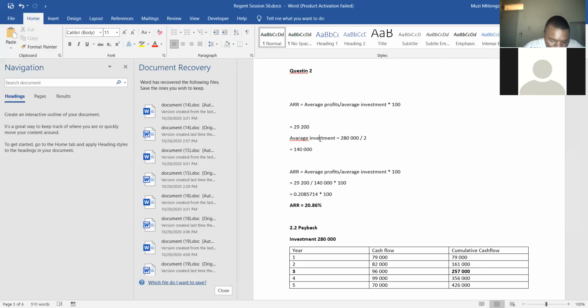There is that formula: AIR is equal to average annual profit over average investment times 100. Average investment is initial capital employed plus residual value over 2.